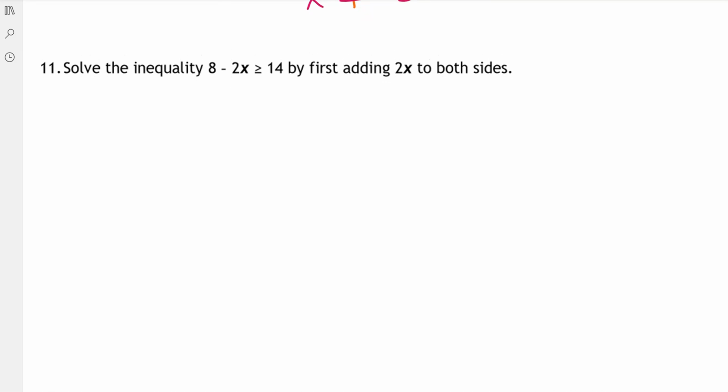Now we are going to write down this inequality equation, and we're going to solve. We always draw our balance line. And we're going to -8 again. And, oh, it says here it wants us to add 2x first.